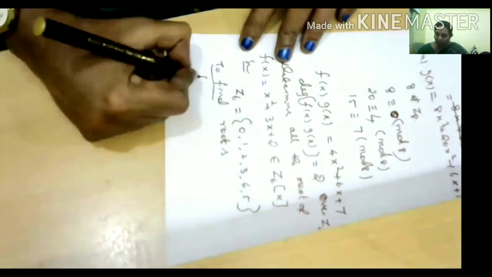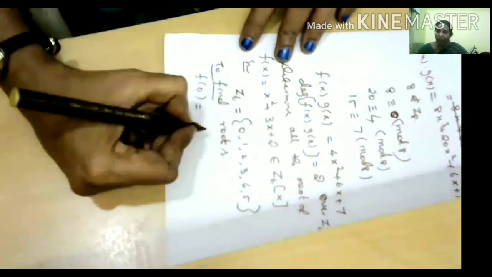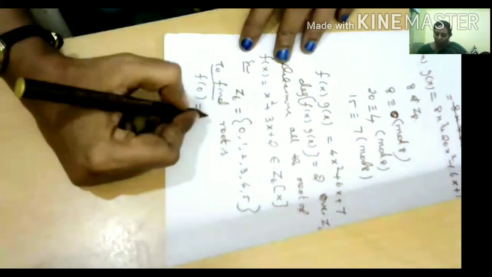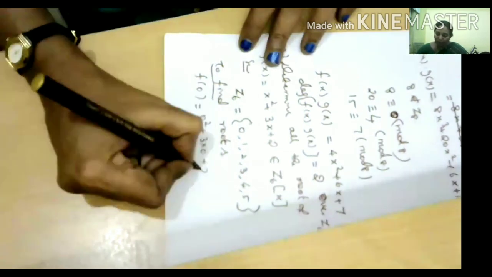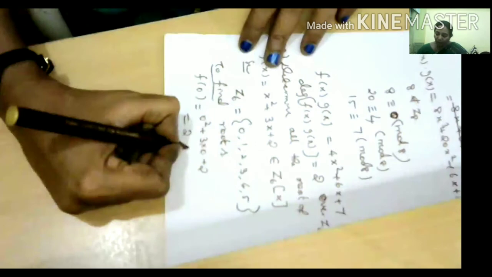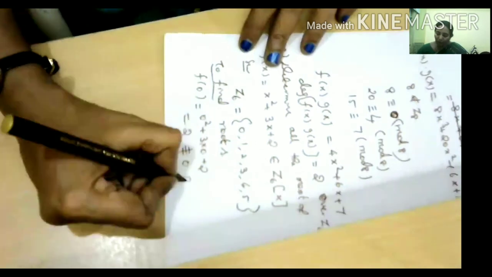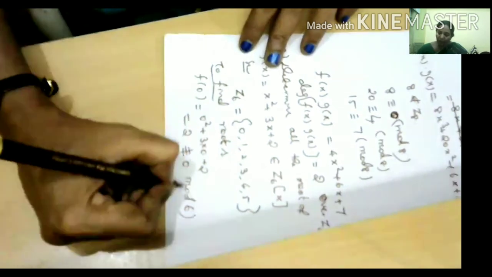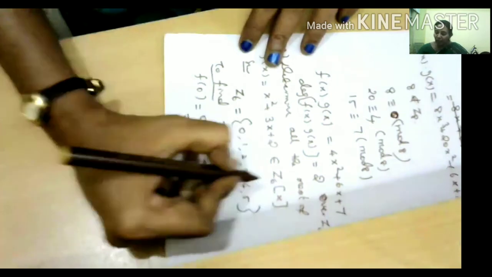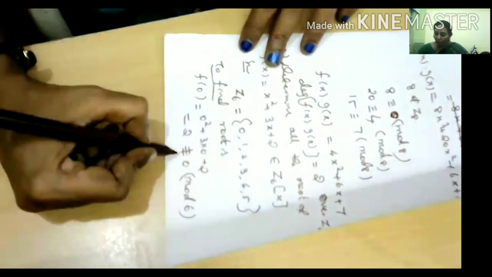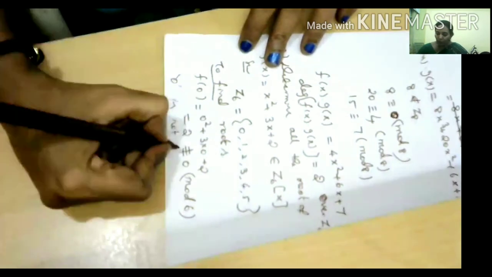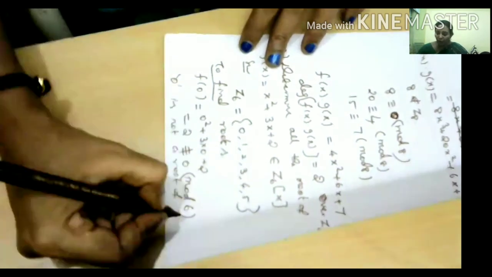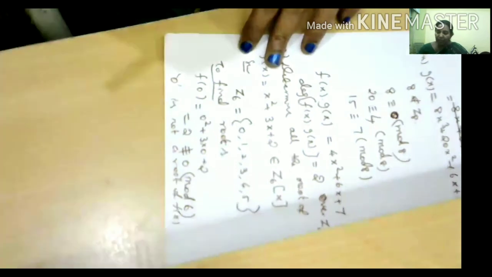Calculate f of 0: 0 square plus 3 into 0 plus 2. The answer is 2, which is not congruent to 0 mod 6. So the remainder is not 0. Therefore 0 is not a root of f of x over Z6.